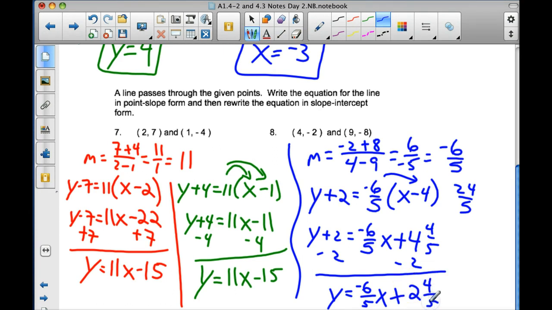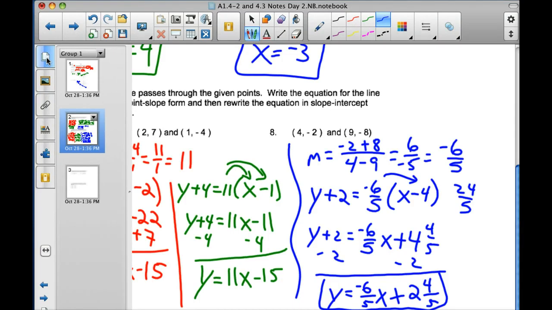Are you okay if we keep it improper? If you had, would that be 14/5? Yeah. 14/5 would be fine. Usually, because that's the y-intercept, it's a mixed number because that's easier to see on the graph. But that's it.